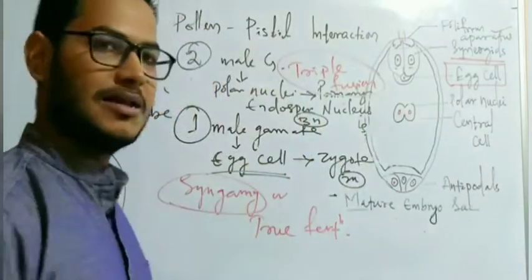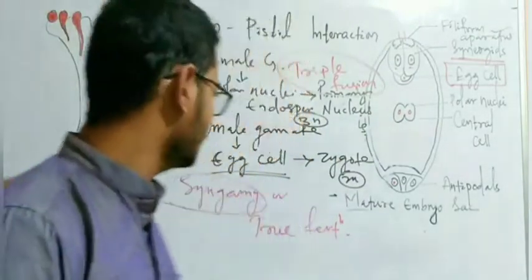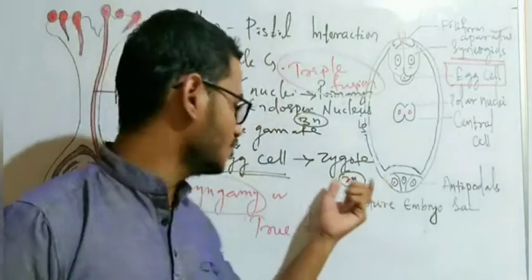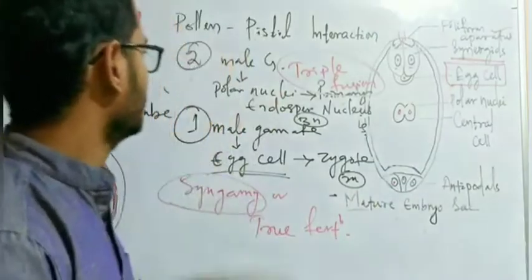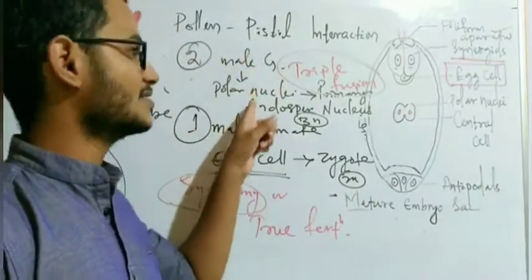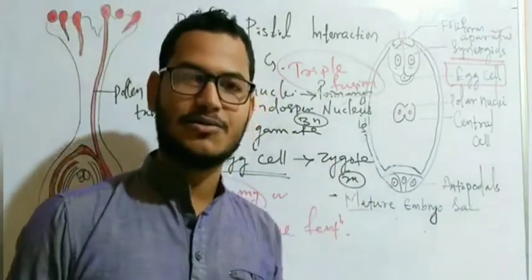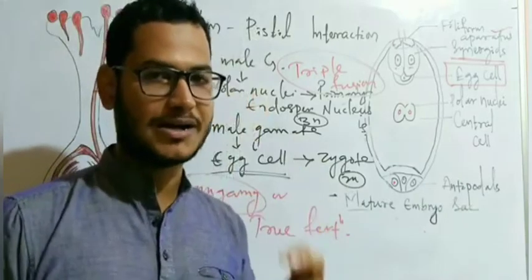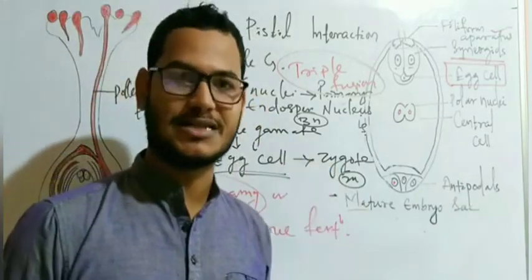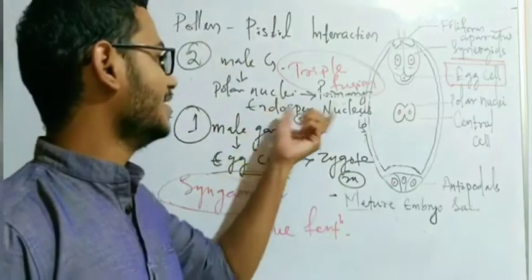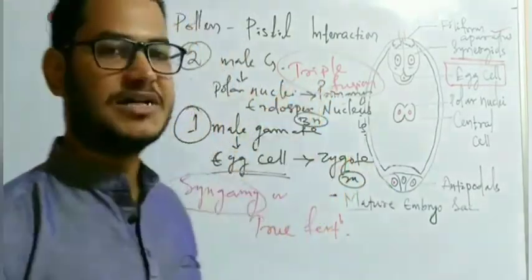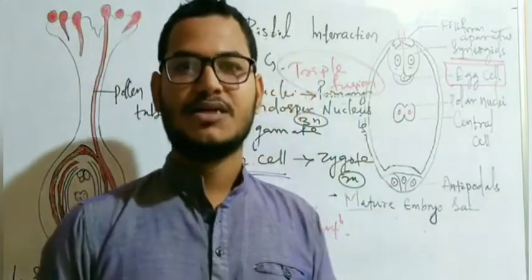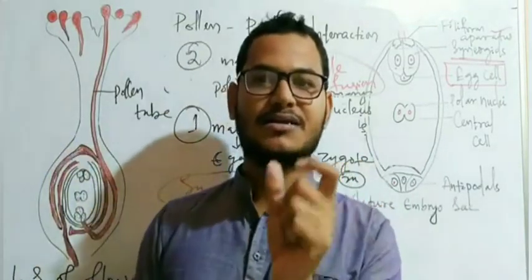The first male gamete travels towards the egg cell to form the zygote, which is called syngamy or true fertilization. The second male gamete travels towards the centrally located polar nuclei and fuses with the 2 polar nuclei, forming a triploid primary endosperm nucleus, and this process is known as triple fusion.